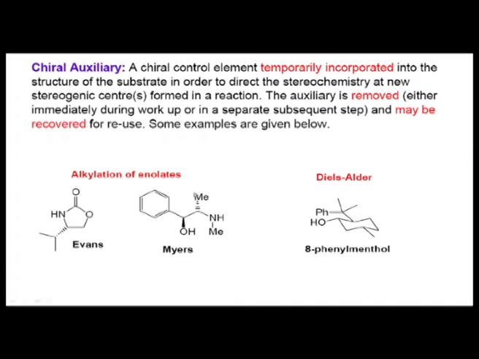Then for alkylation of enolates, that means you are putting an alkyl group alpha to an ester or a carbonyl with stereo control, this type of chiral auxiliary can also be used. These are named after the scientists who discovered them, like this is called the Evans chiral auxiliary, this is called Myers, this is 8-phenyl menthol, I think maybe Corey's chiral auxiliary.